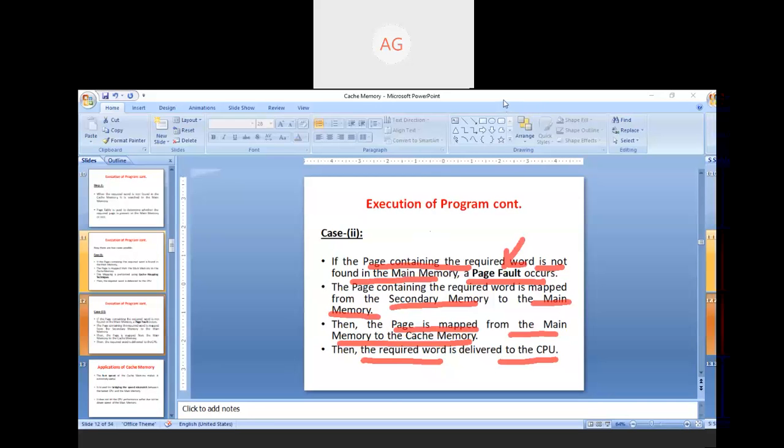Just remember the memory hierarchy diagram which we discussed in our last class: level 0, level 1, level 2, level 3, level 4. The pyramid type of diagram is very important in order to understand the memory and in order to solve the numericals which are based on memory hierarchy.